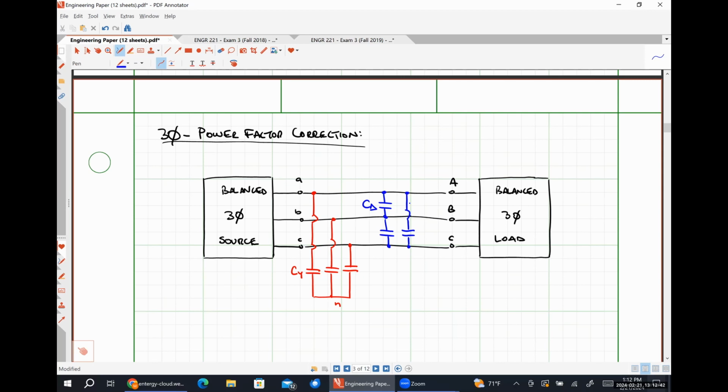Once again, it does not remotely matter whether my load is connected in delta or Y, whether my source is connected in delta or Y. Either of these options are available, okay?